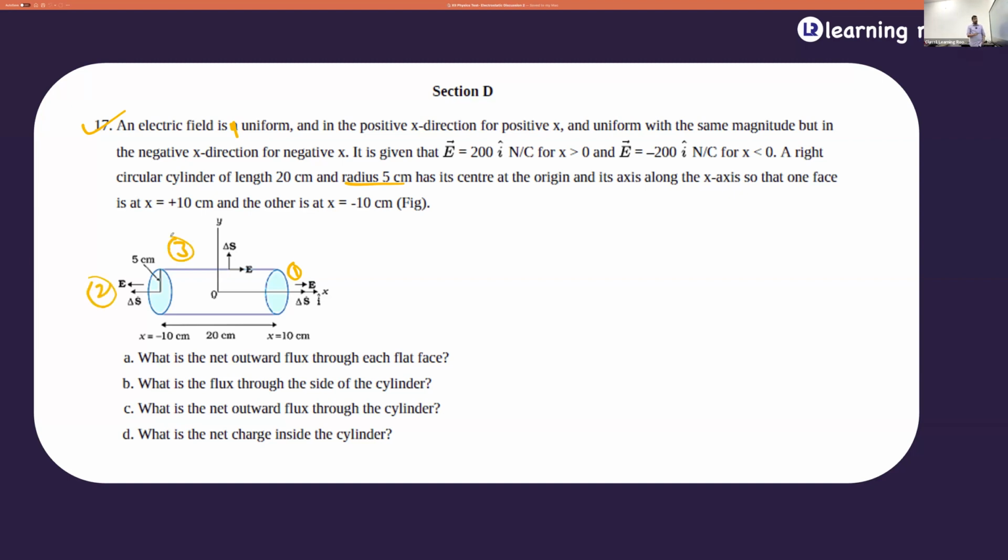What is the flux through the first surface? It is E vector into the area, pi r square. So the value of electric field is 200 into pi r square. R is how much? 10?